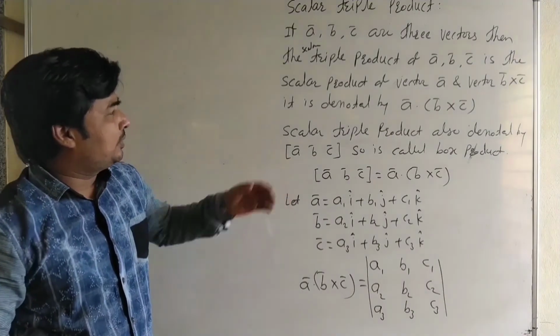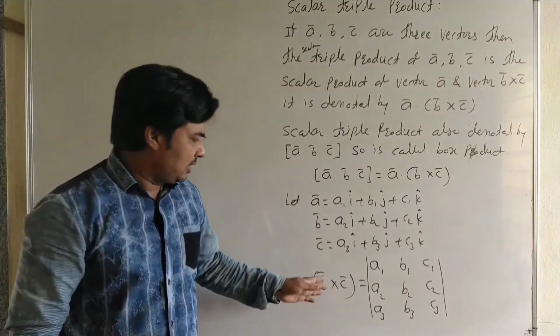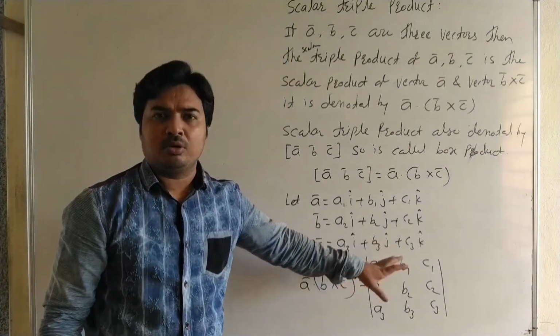Here are examples of the scalar triple product. These are very simple examples, where we can just find the determinant of the components.